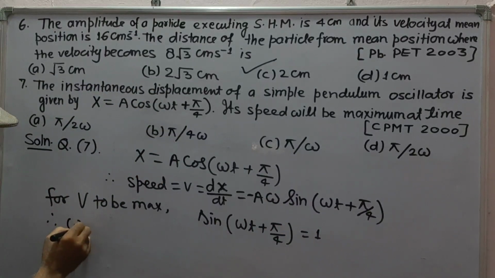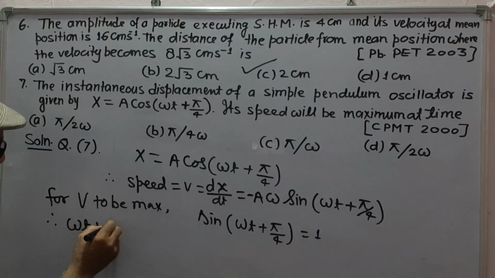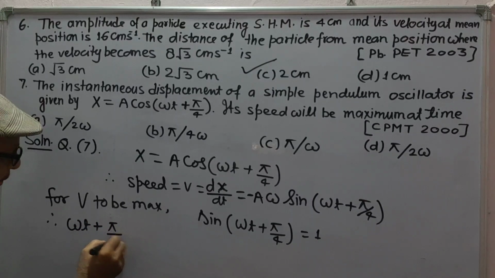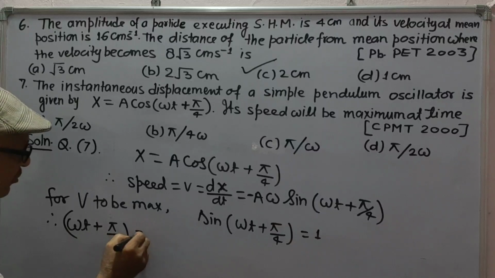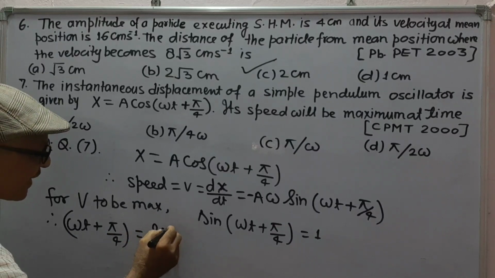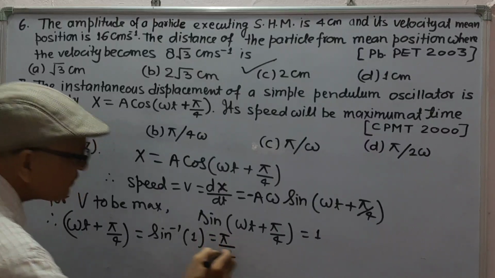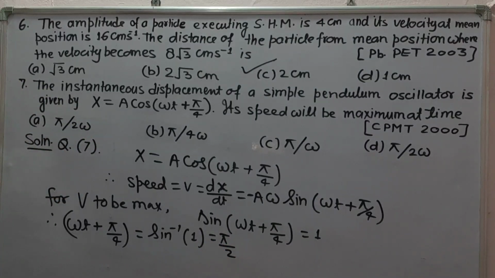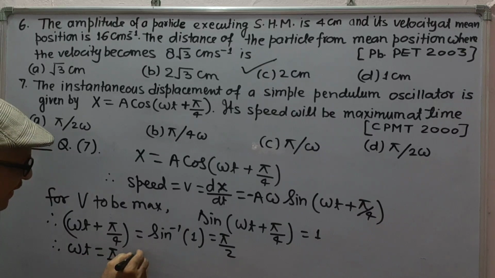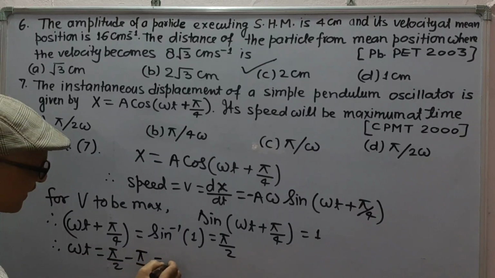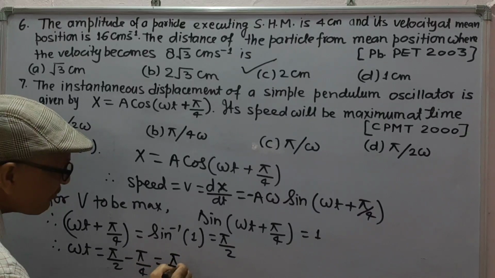Therefore, omega t plus pi by 4 should be equal to sin inverse of 1, that is pi by 2. Hence, omega t will be equal to pi by 2 minus pi by 4, that is pi by 4.